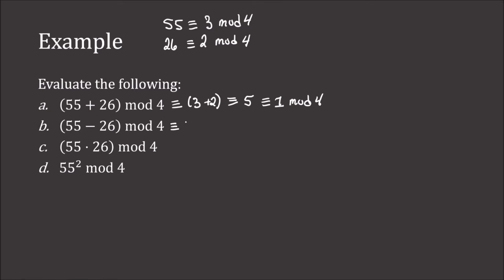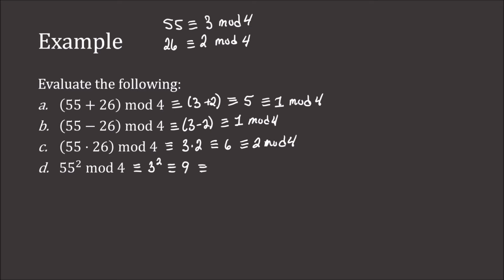This is 3 minus 2, which is congruent to 1 mod 4. 55 times 26 would be congruent to 3 times 2, which is congruent to 6, which is congruent to 2 mod 4. And finally, 55 squared is congruent to 3 squared, which is congruent to 9, which is congruent to 1 mod 4.